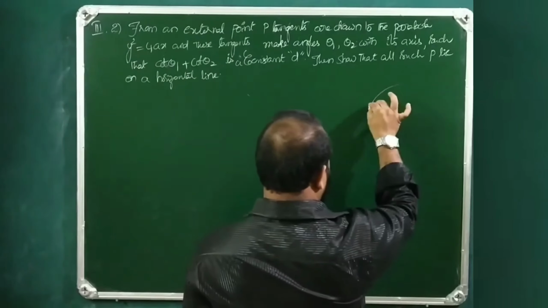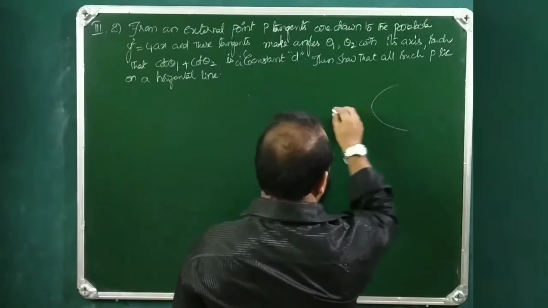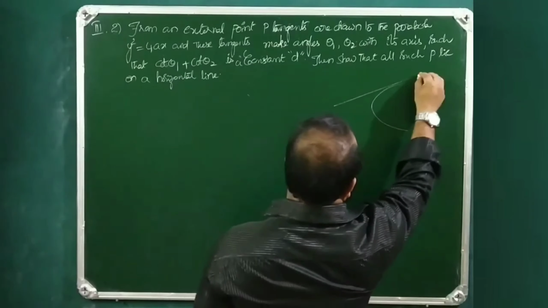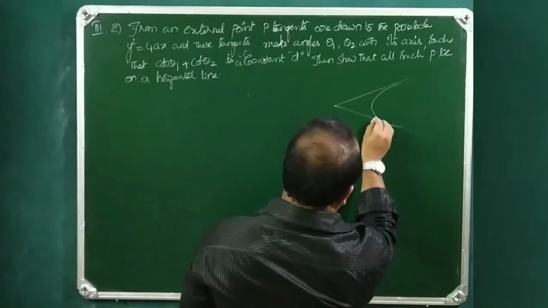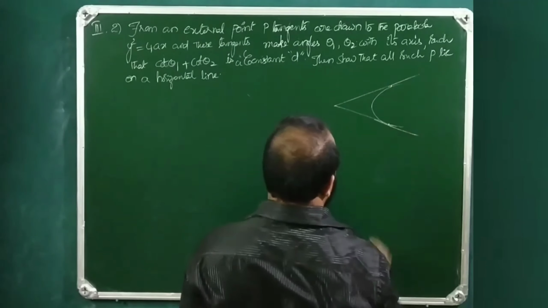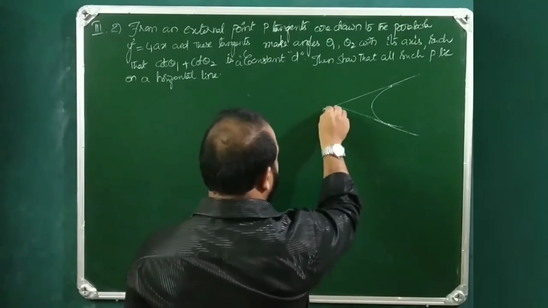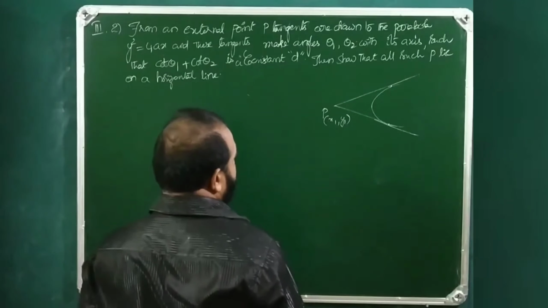So this is a parabola. Next, from an external point, draw two tangents. So this is from the external point P (x1, y1).